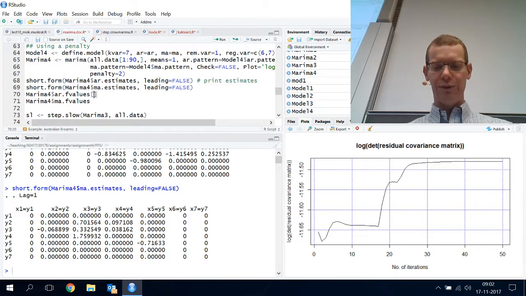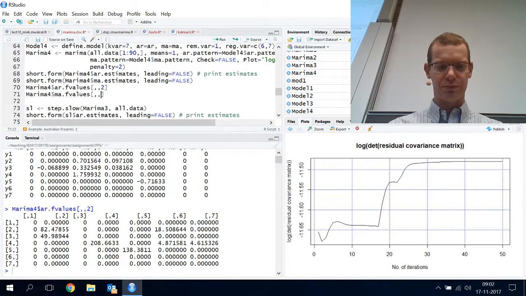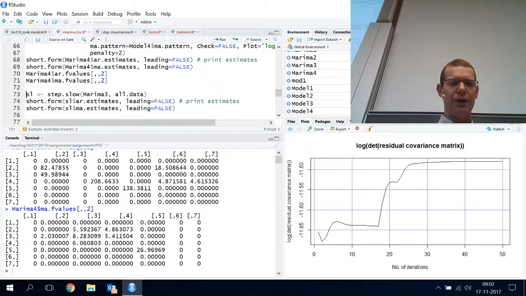If we look at the F values, let me only look at the relevant ones. Then we see that everything here is high, everything is fine. And here as well, we have one that is close to 2. But all the others are high.